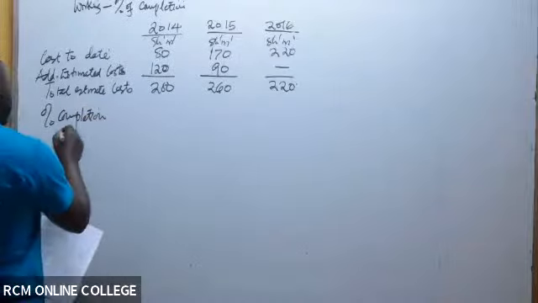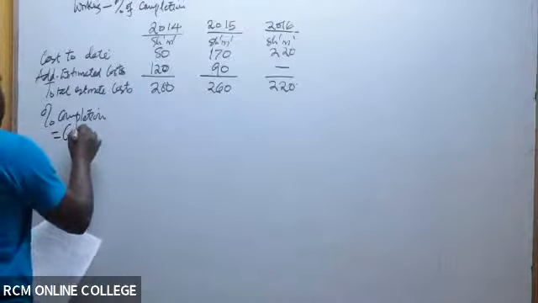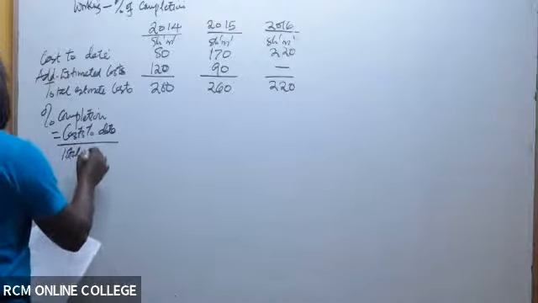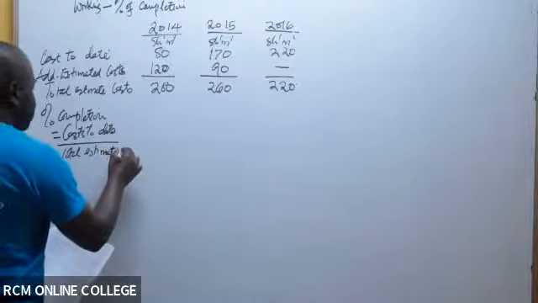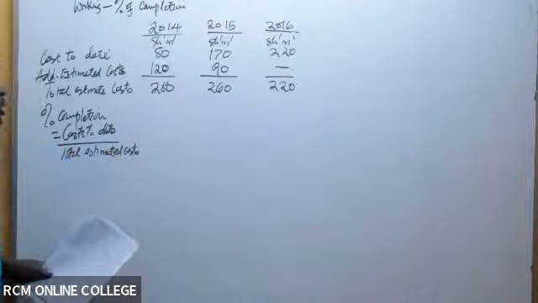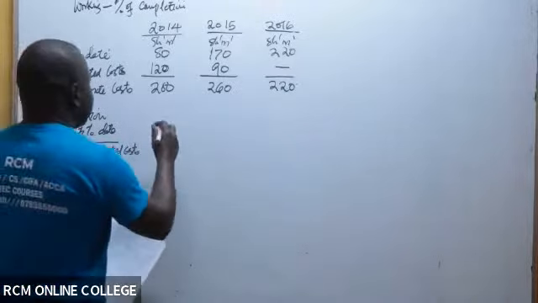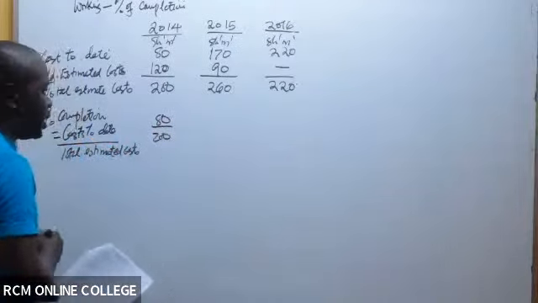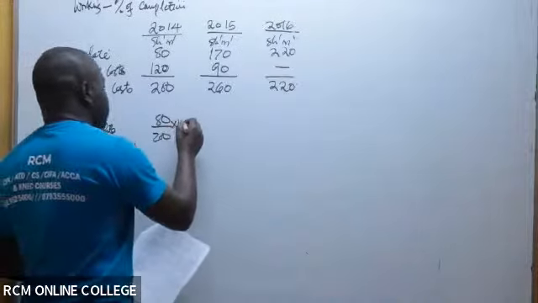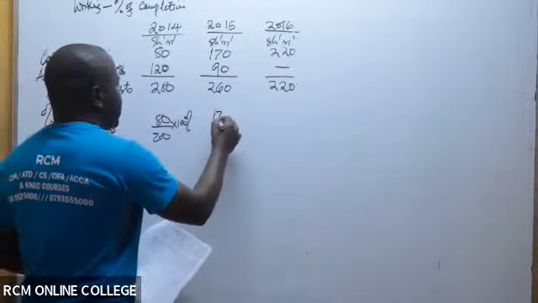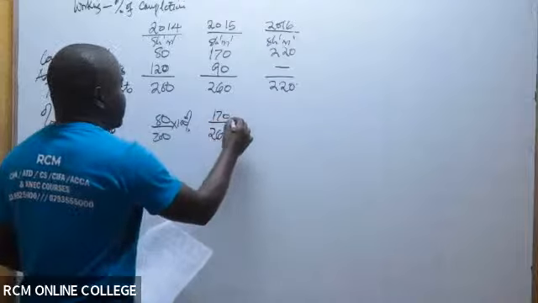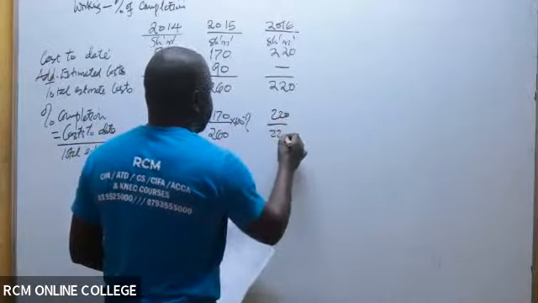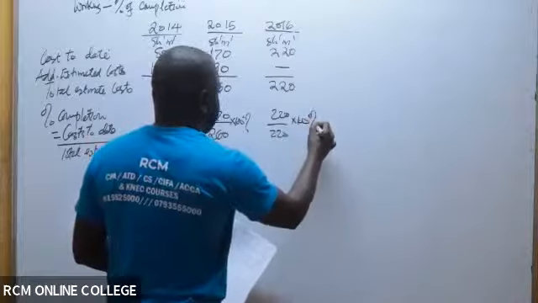So for each year, for this particular year, we take 80, divide by 200, and multiply by 100%. This one, you take 170, divide by 260, multiply by 100%. This one, you take 220, divide by 220, multiply by 100%.